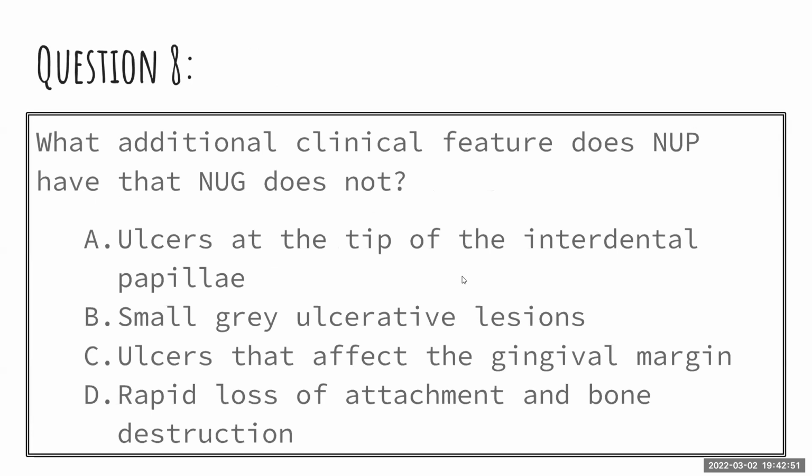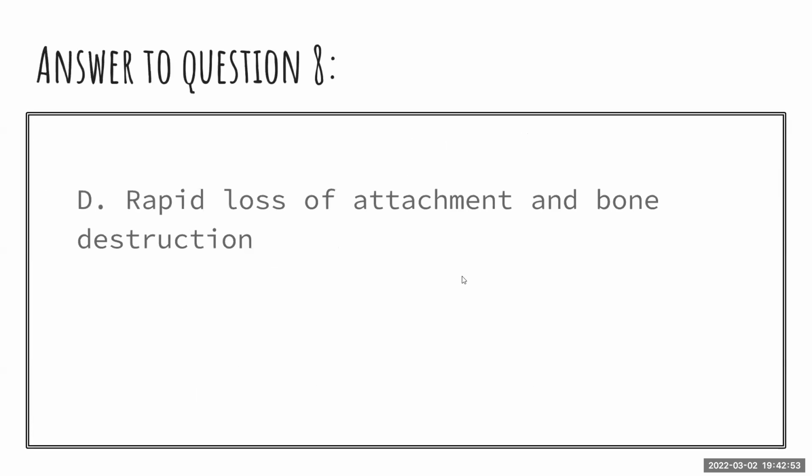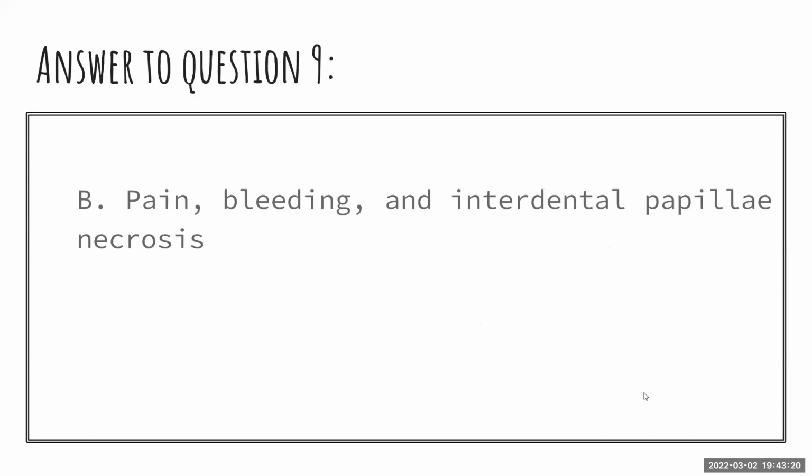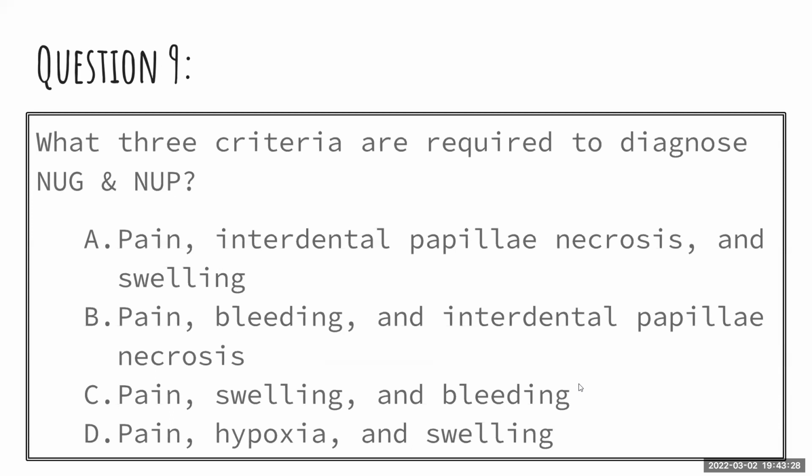D. Rapid attachment loss. Yep. What three criteria, this is an important one, what three criteria are required to diagnose NUG and NUP? Okay, pain, bleeding, and interdental papilla necrosis.